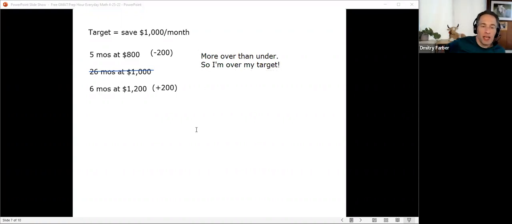I have 1 extra month where I save an extra $200, so I'm pretty close to my target over these months. But if they changed the number of months at 1,000, it wouldn't change the answer. As long as this number is more than that number, then it'll still mean that I'm over my target. If they balance out, if I have 5 months at 800 and 5 months at 1,200, it would match out exactly. So the same thing could happen if you're running, right?